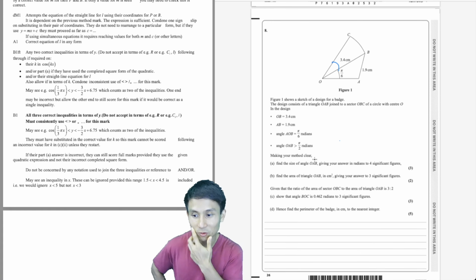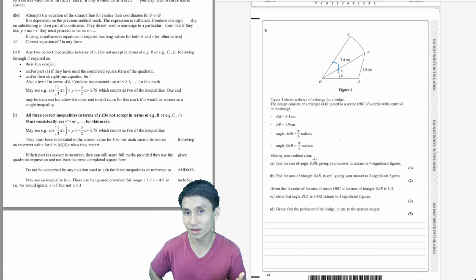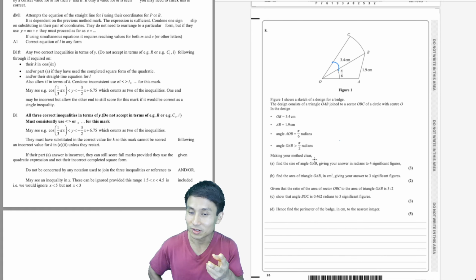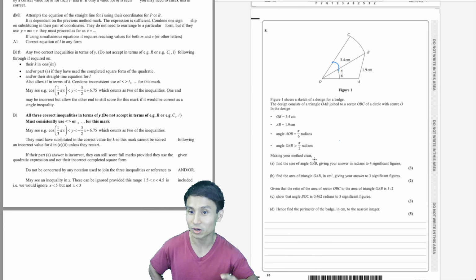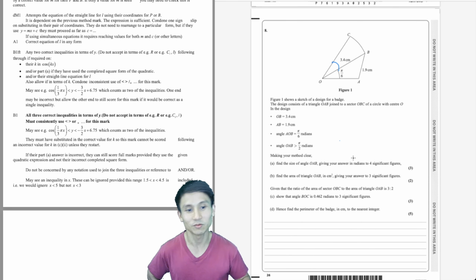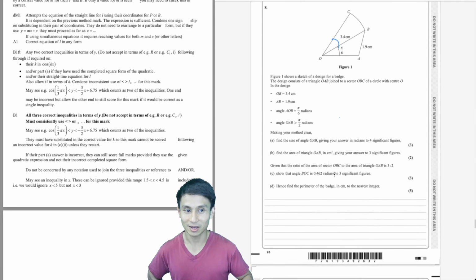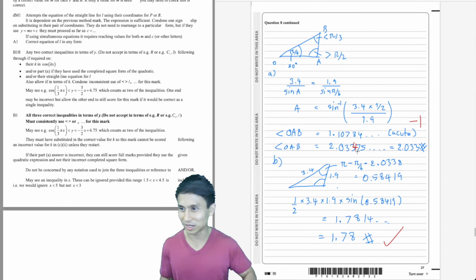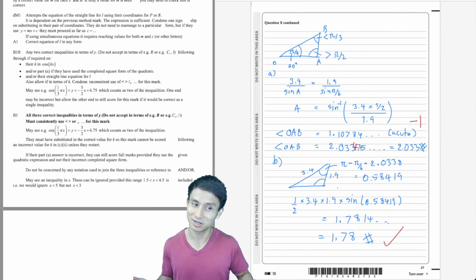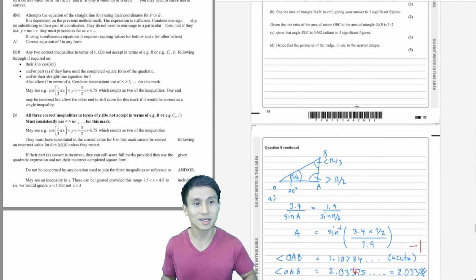Don't forget that whenever you do arcsine of a positive value, you can get an acute or an obtuse angle, right? So beware that you can get 2 answers. Otherwise, I wouldn't have got this. But I did make a silly mistake here, a rounding error. So that was a bit careless of me.